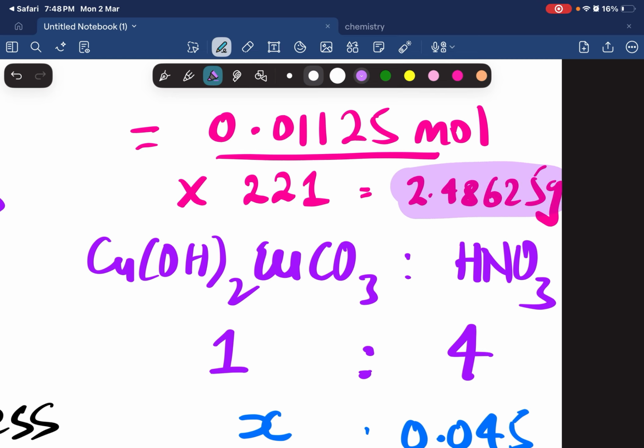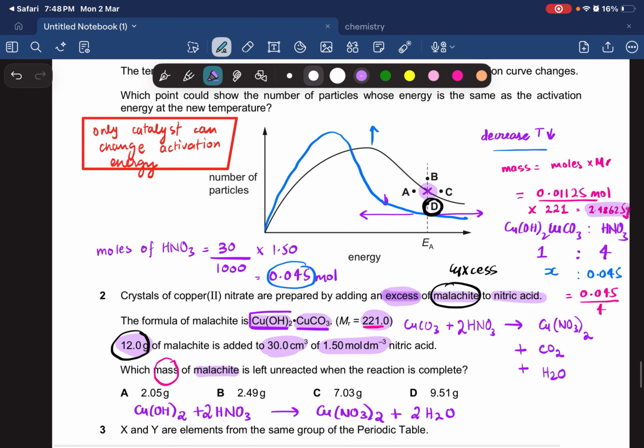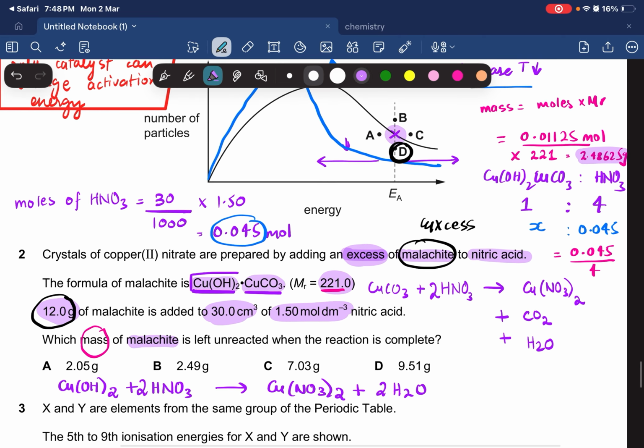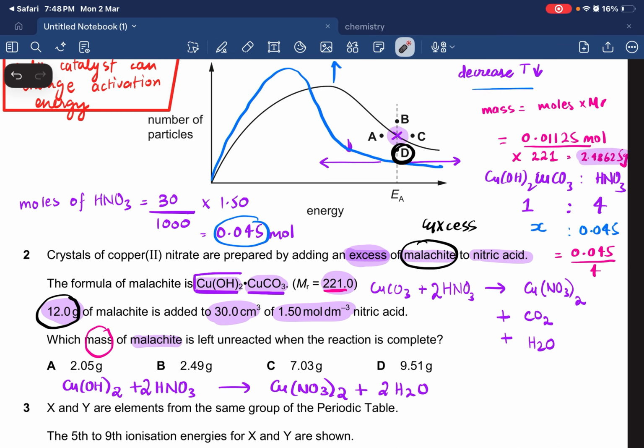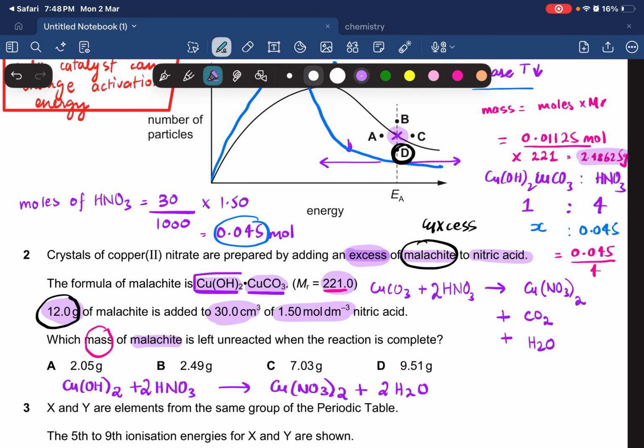Okay, these are the reacted grams, and we have to calculate the mass of the unreacted one. So now we're going to subtract the reacted one from the total mass, which was 12 grams. So that's simple mathematics, I guess. It's going to be 12 minus 2.48625.